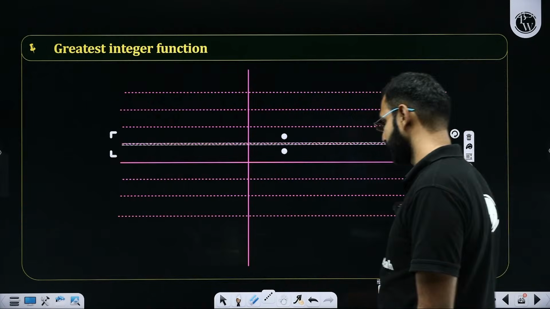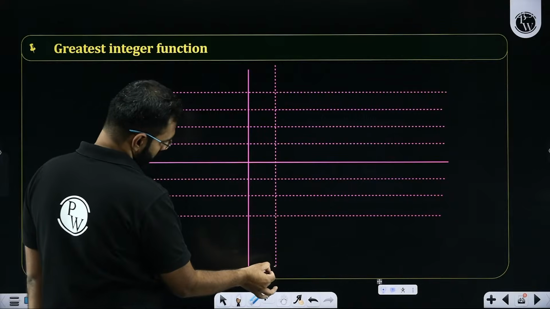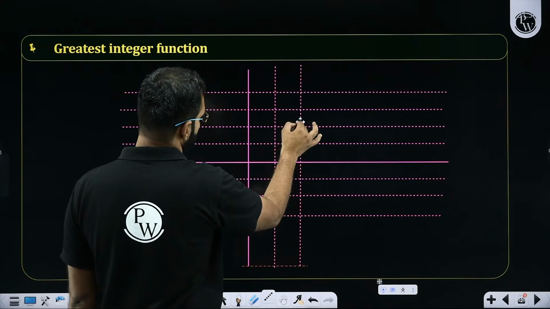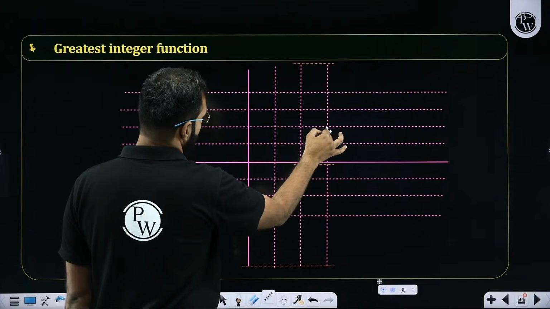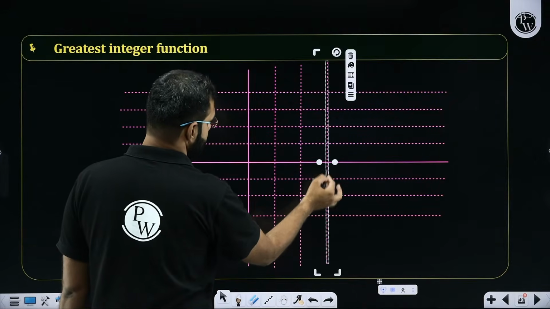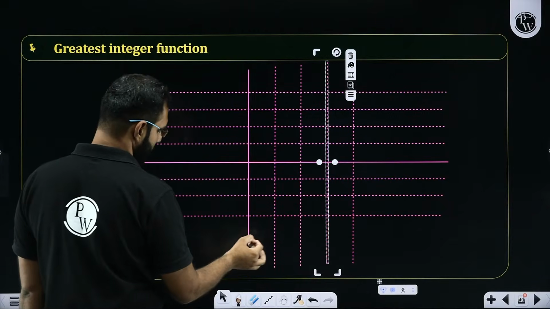I'm just keeping it restricted here. Also, along with this, I'm drawing some lines parallel to the y-axis as well. So let's say this is a line passing through (1, 0), (2, 0), (3, 0), (4, 0), like this, and so on. Similarly, on the negative side of the x-axis as well.